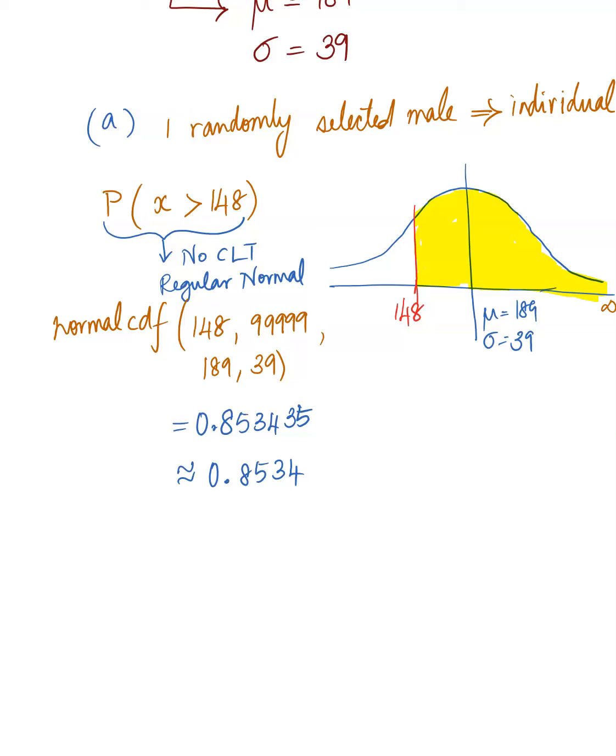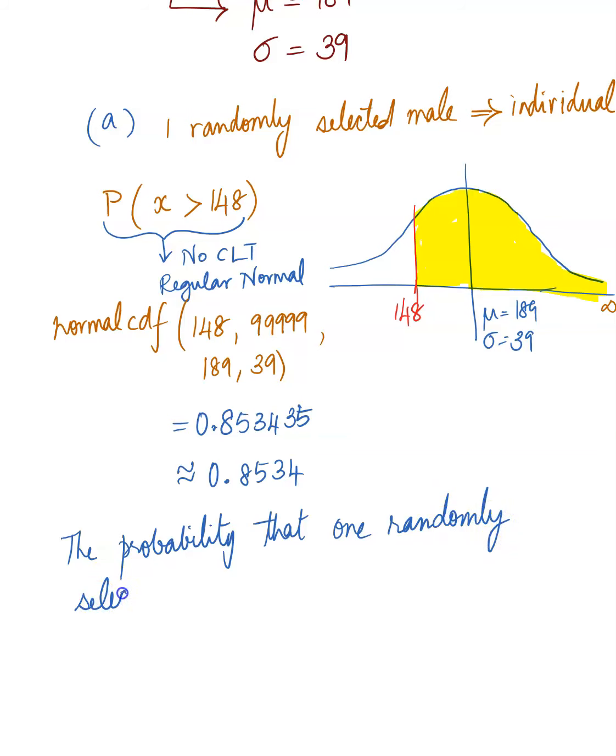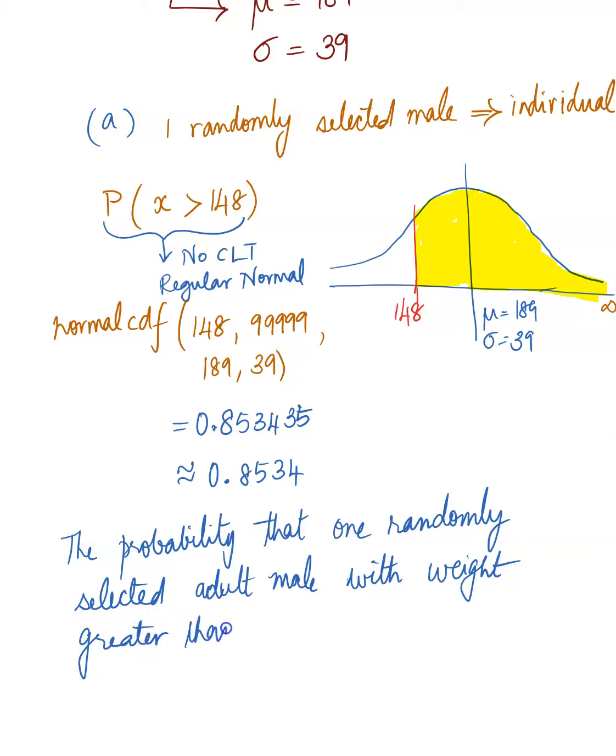The question was the probability that one randomly selected adult male with a weight greater than 148 pounds is 85.34%.